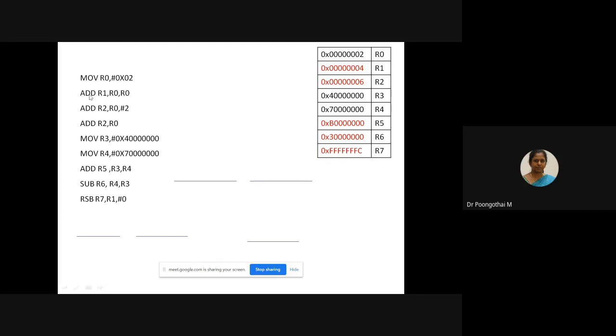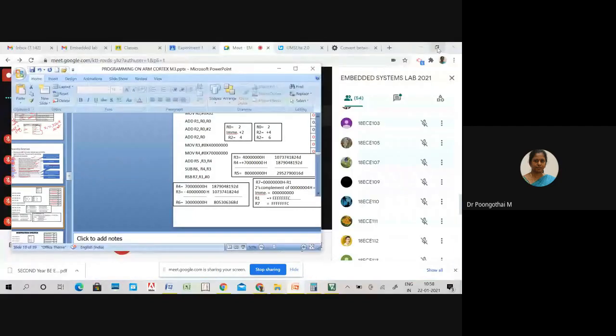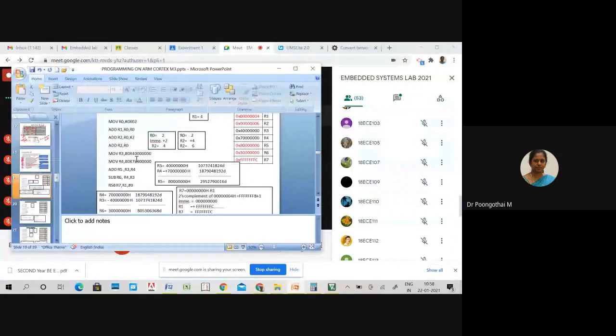So what is the purpose of this instruction? ADD R1, R0, R0. Can you understand my question? Initially your R0 is loaded with 02, okay? So after execution, your R1 holds what?